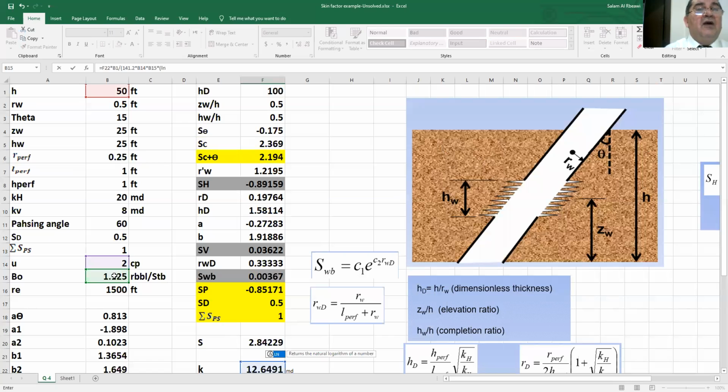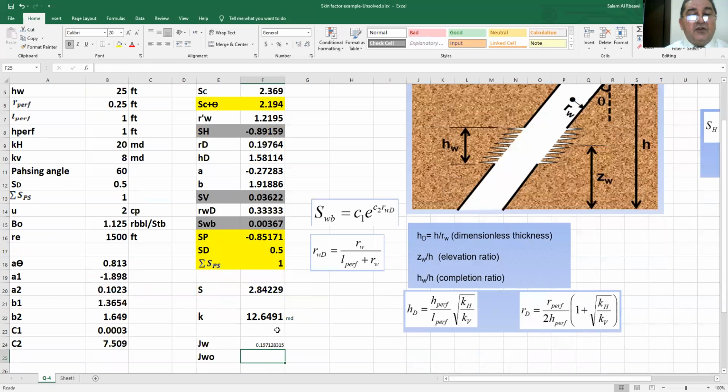I'm going to assume that we have pseudo steady state. So ln Re divided by Rw, minus 0.75 plus the skin factor. I think we need to close another parenthesis. So this would be the skin factor.